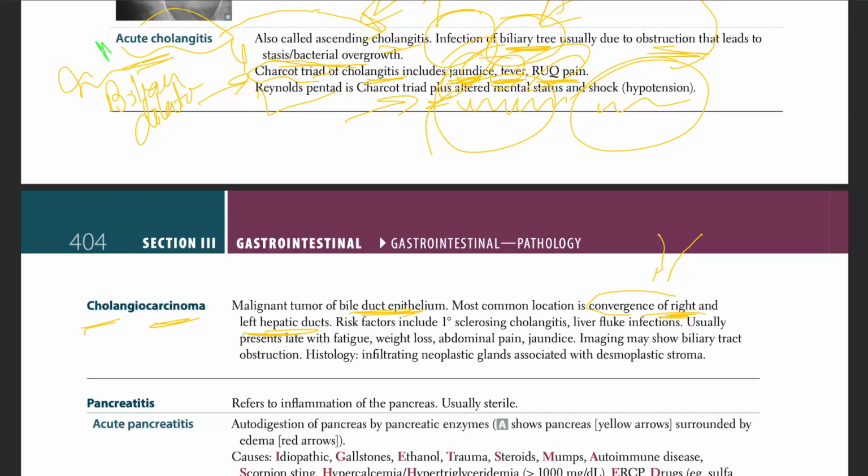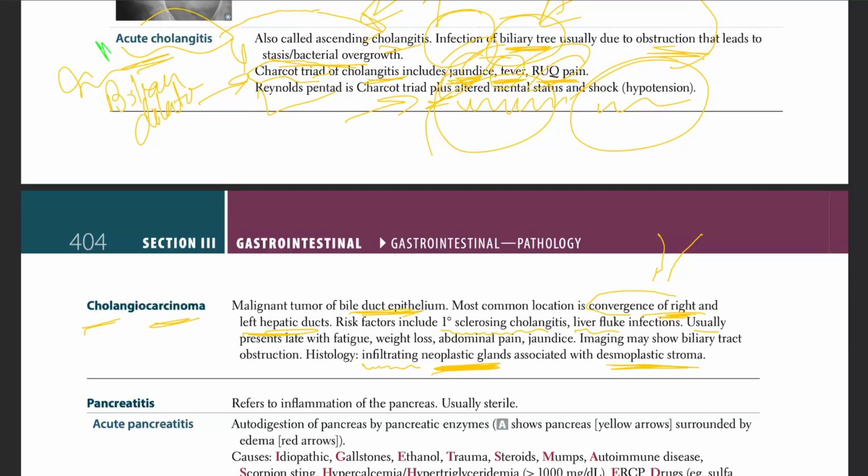Okay. Risk factors include primary sclerosing cholangitis, liver fluke infection, usually presents late with fatigue, weight loss, abdominal pain, jaundice. Imaging shows biliary tract obstruction. Histology is infiltrating neoplastic glands associated with desmoplastic stroma.